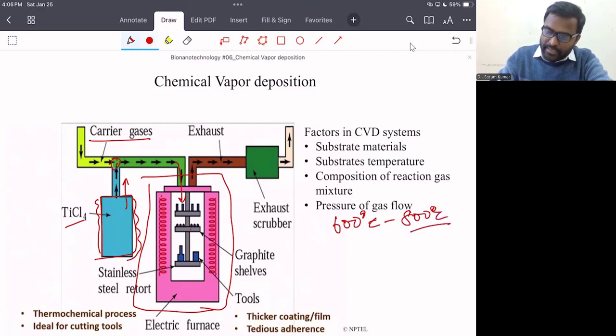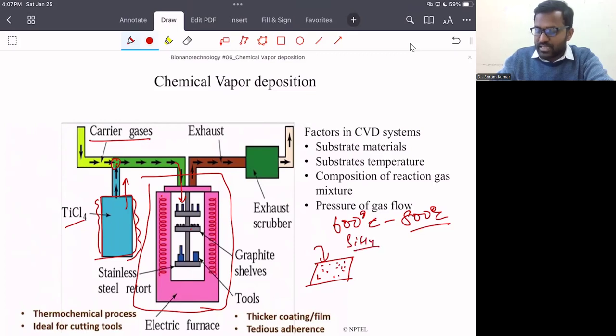If the vapors come into the chamber, you have the substrate there, and the gas gets physically absorbed on the surface, and because of the heating, for example, if you have used silicon hydride, if you heat this substrate, silicon forms, or maybe if you use oxygen there, then you will have silicon dioxide.